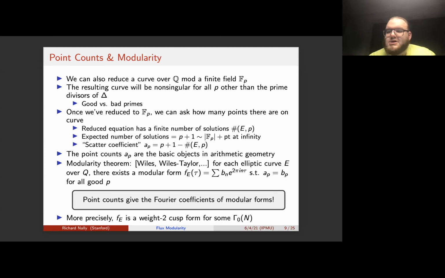It's called the conductor. It's a number that tells you what the bad primes are and how singular it is mod every bad prime. The formula for computing N is completely algorithmic, but it's somewhat complicated, so I didn't want to give the formula, but there's a known formula for elliptic curves. When we get to threefolds, the situation will be rather different, but for elliptic curves, it's completely algorithmic.